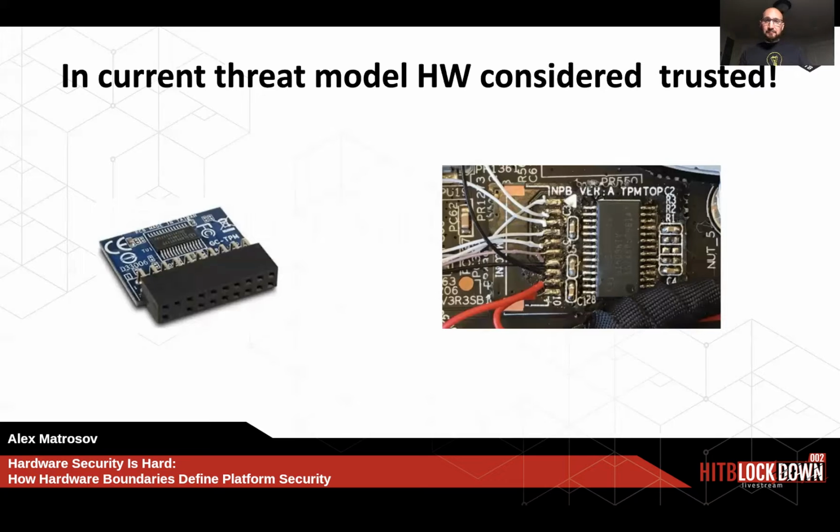Because we have a lot of ways to develop, as an example, secure boot, right? And in many cases, the root of trust for secure boot will be the TPM. In the current threat model, hardware is considered trusted in many cases. As an example, we just think our TPM is not compromised, right?